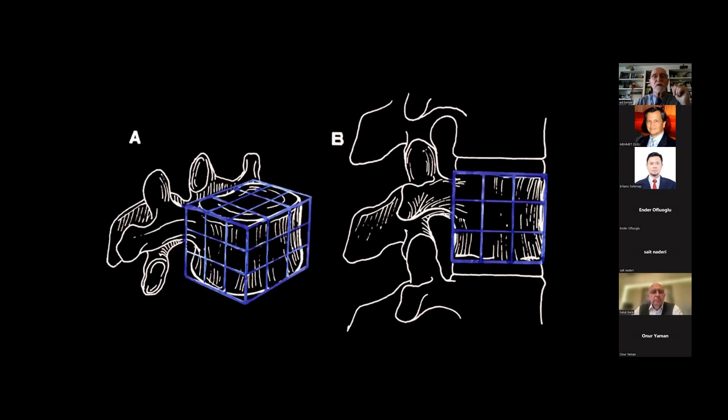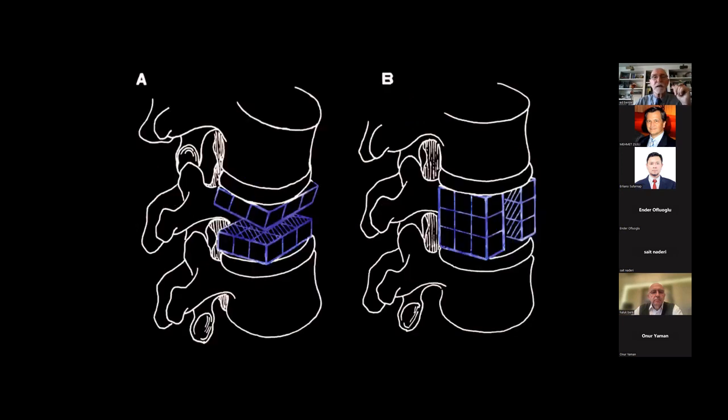If we think of the vertebral body as a 3 by 3 by 3 Rubik's Cube, we can then divide it into segments, and removing the middle third of the cubes would be akin to a compression fracture.